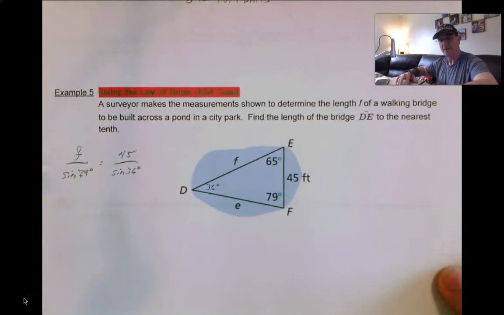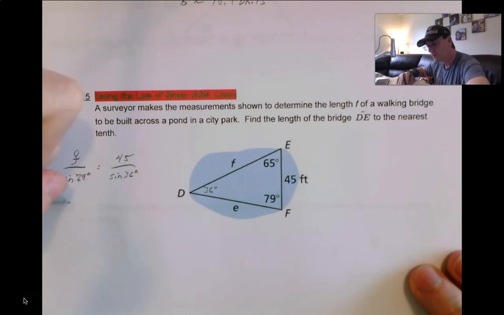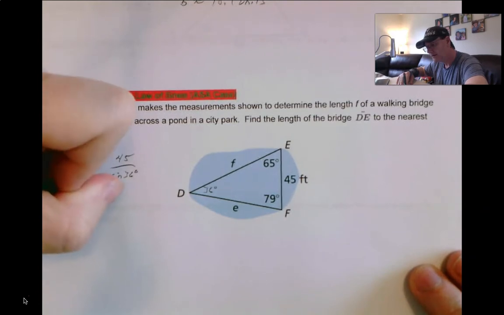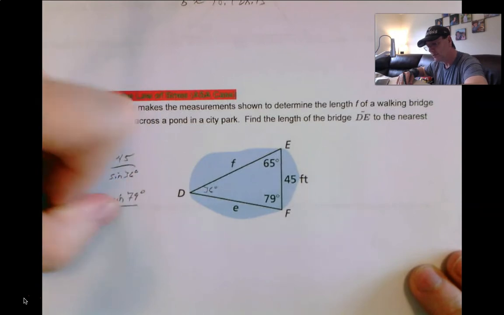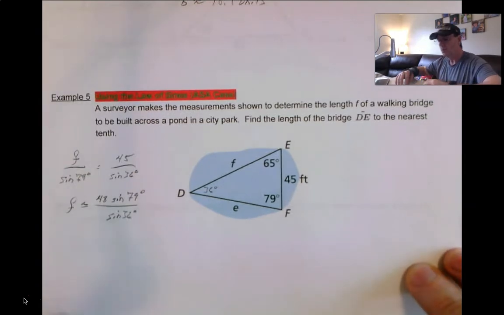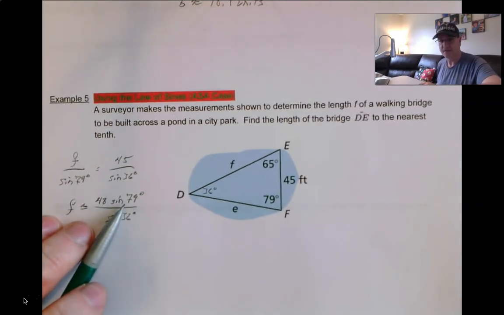Solve for f by multiplying both sides by sine of 79. F is equal to 45 sine 79 degrees over sine 36 degrees. What I hope you've noticed is I'm not finding the sine of 79 degrees and writing down a decimal to the nearest tenth.